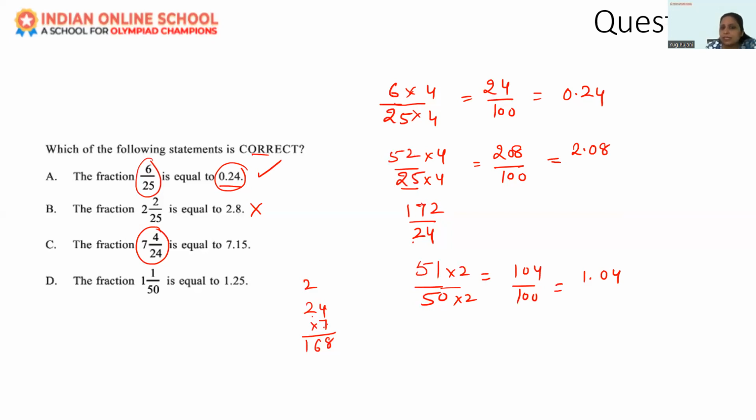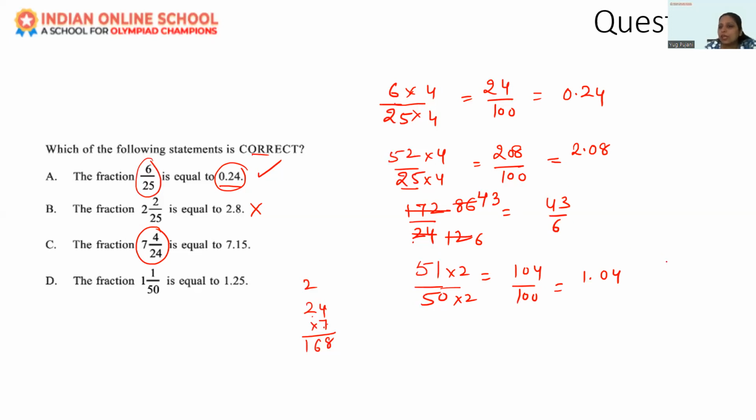If both are divisible by 6, then it will be easy for me, because if there is a 4, I can multiply by 25. If I divide with 2, I am getting 12 here, and 2 8s are 16 and 6. Again 2, 6 and 43. So 43 by 6.